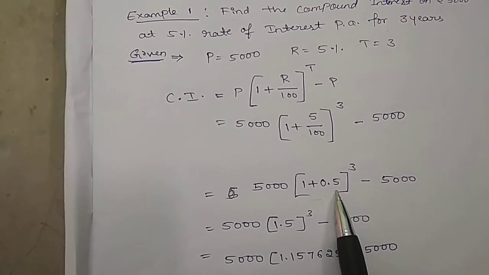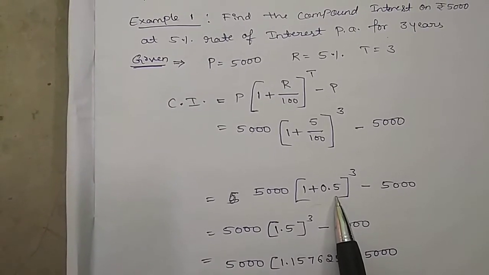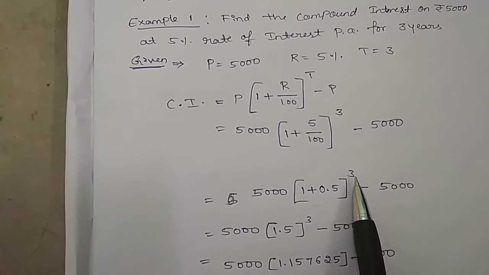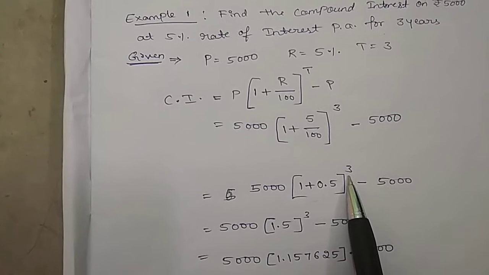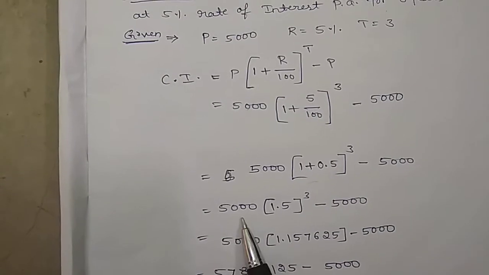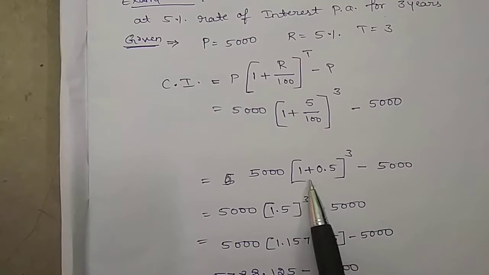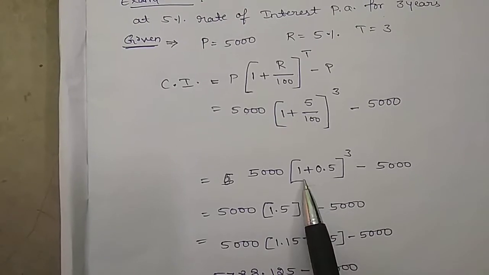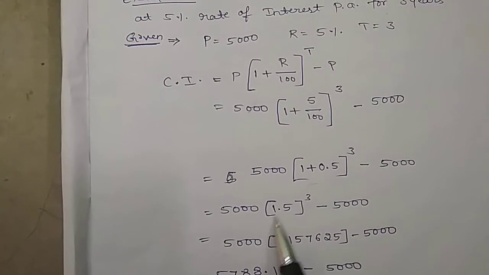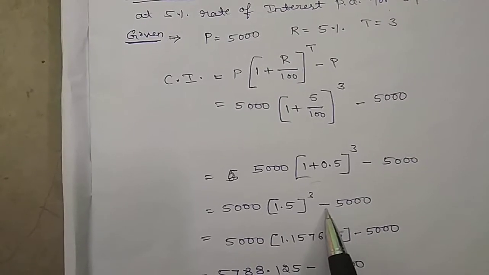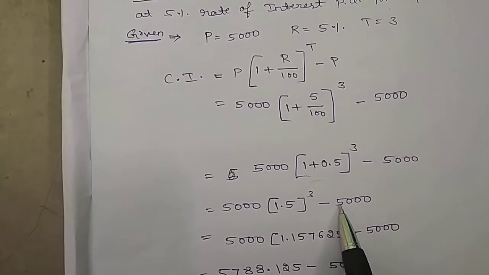0.05, to the power of 3, or we can say cube, minus 5,000. First we have to add what we have in the bracket. 1 plus 0.05 is equal to 1.05, and we have the cube for that, minus 5,000.